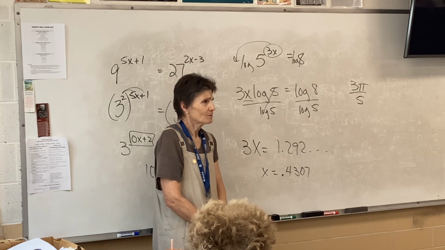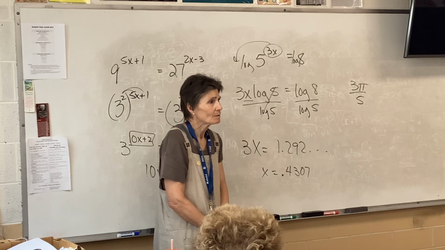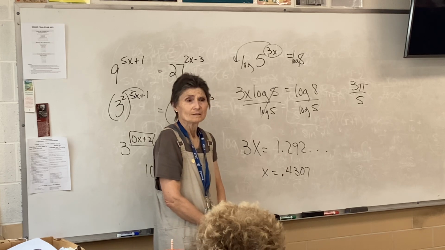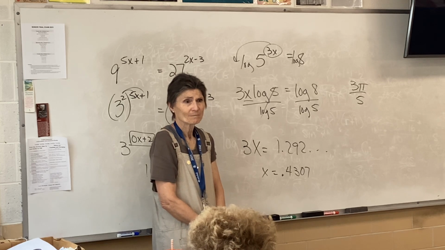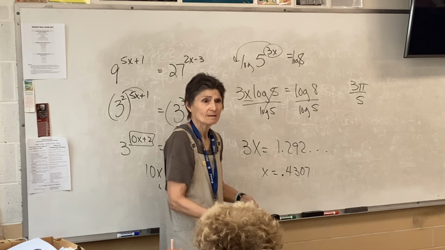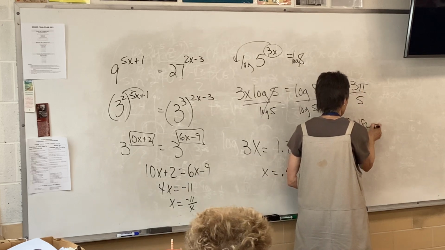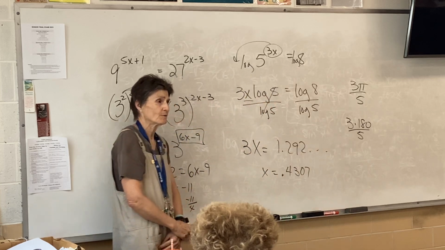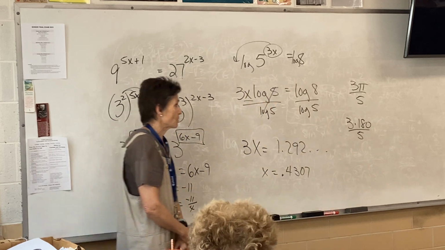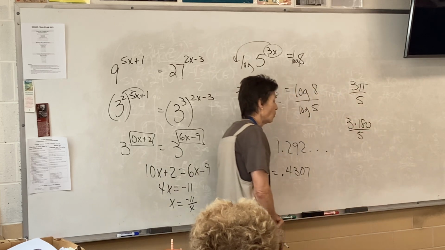Doesn't pi equal 180? Yeah, pi's 180. All we do is put a 180 in here. So this is 3 times 180 divided by 5. Pi radians is 180 degrees. So this is 3/5 pi, so it's just 3/5 times 180.